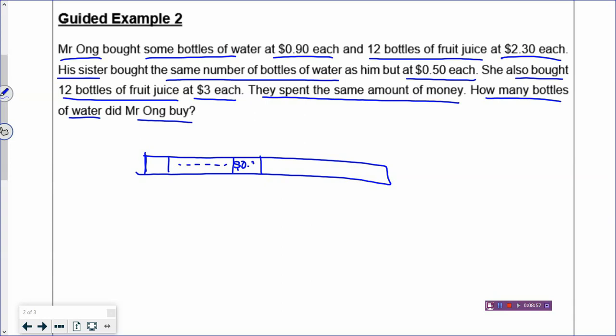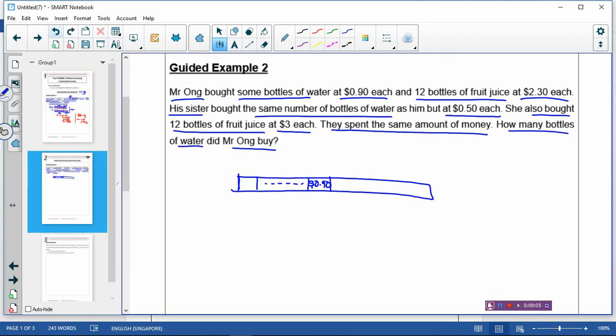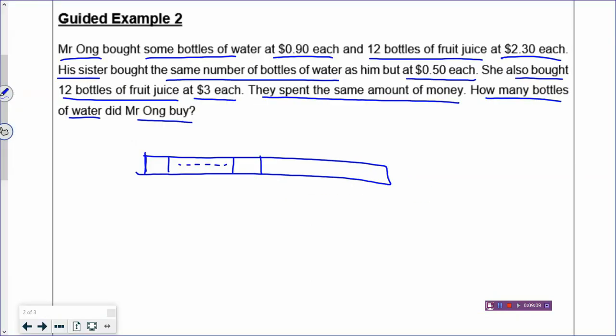And 90 cents each. So each bottle is 90 cents. So the first bottle and the last bottle is 90 cents. Instead of putting $0.90, let's put 90 cents so that it looks neater.